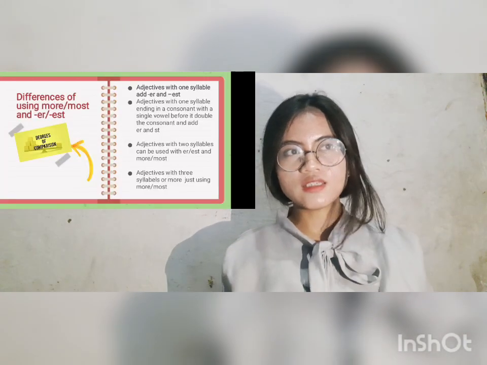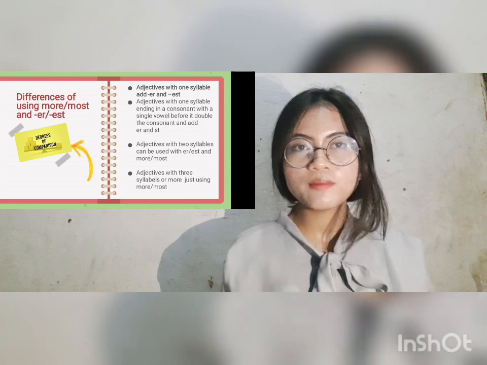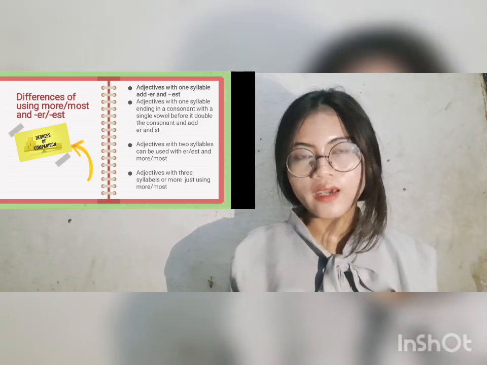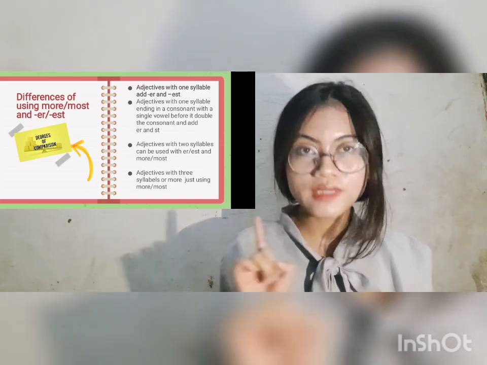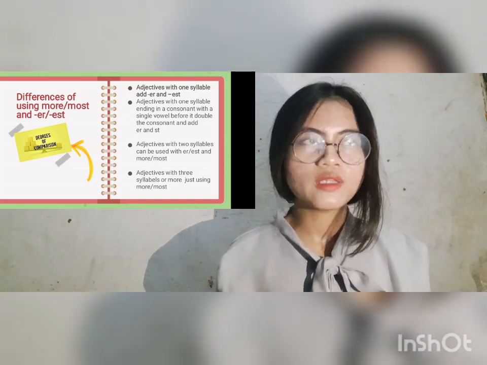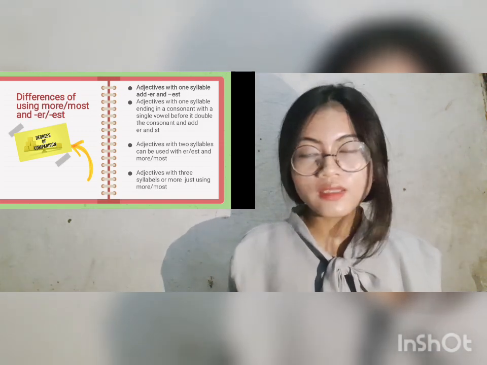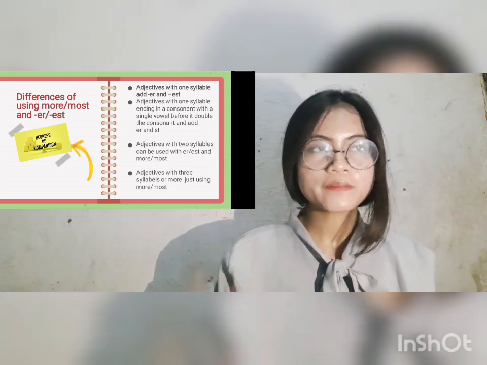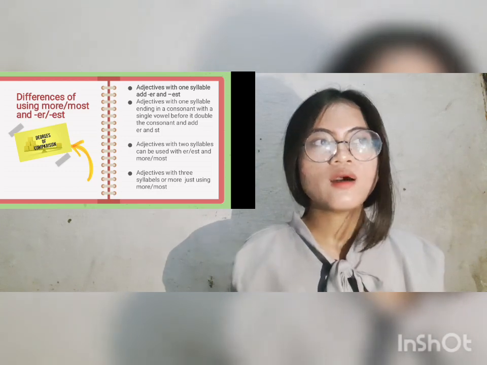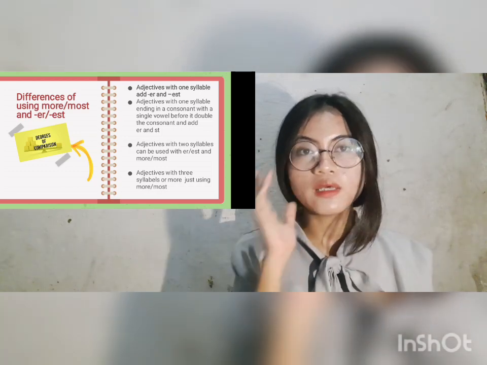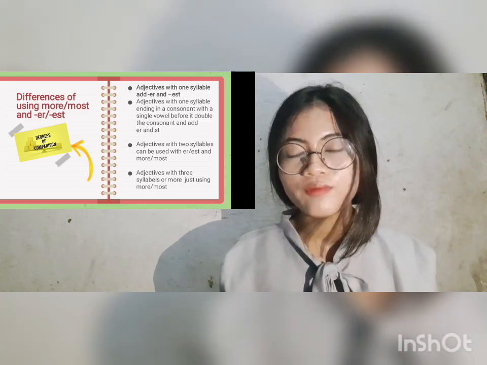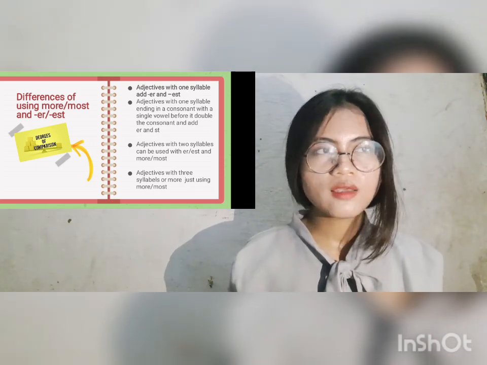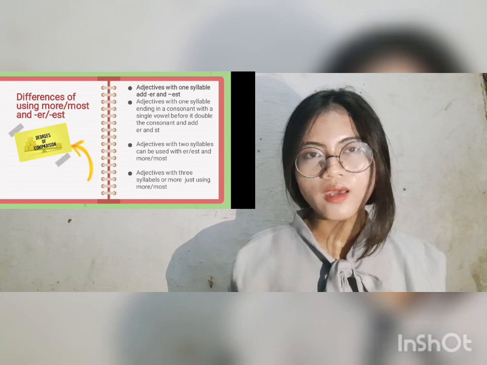And next is differences of using more or most and er or est. First, adjective with one syllable add er and est. Second, adjective with one syllable ending in a consonant with a single vowel before it, double the consonant at er and est.